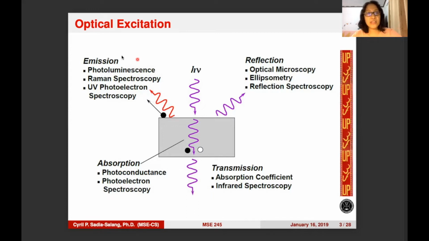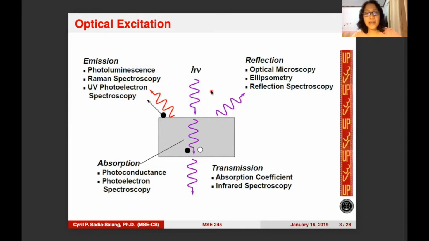Under each of these descriptions of the behavior of light are specific optical techniques. For example, for photoluminescence, you characterize your sample in terms of the emitted light. In the case of ellipsometry, you study your sample in terms of the reflected light.